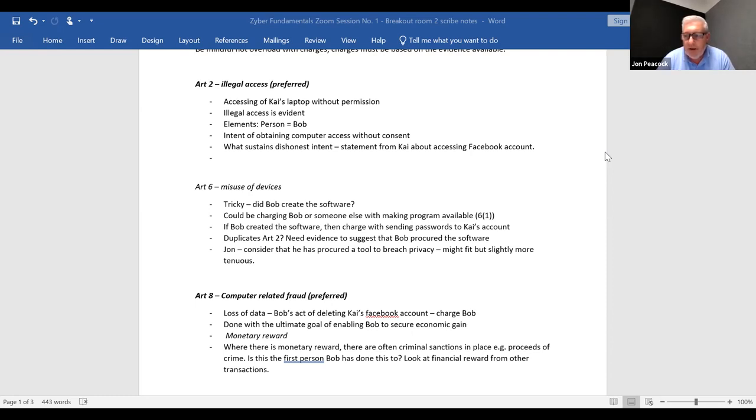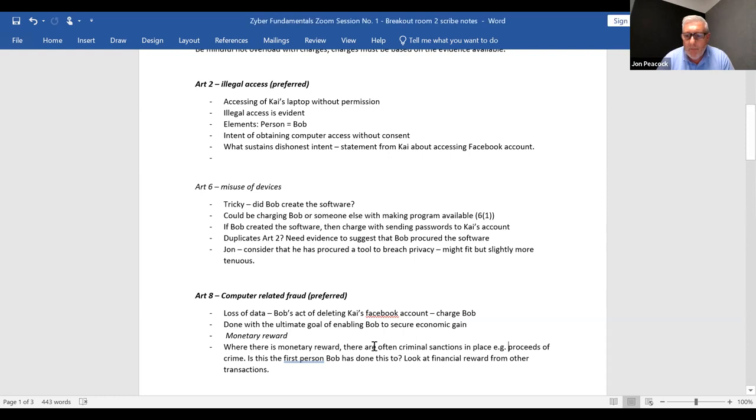Especially when you think about the financial benefit that's come across with that, I think that's a really good point. The only thing that's not clear, I don't think, in relation to the Article 9 charges is whether or not Bob was aware of Maria's age.